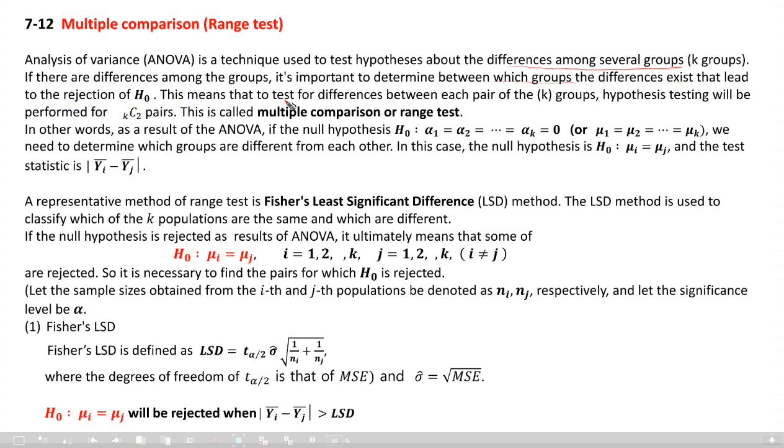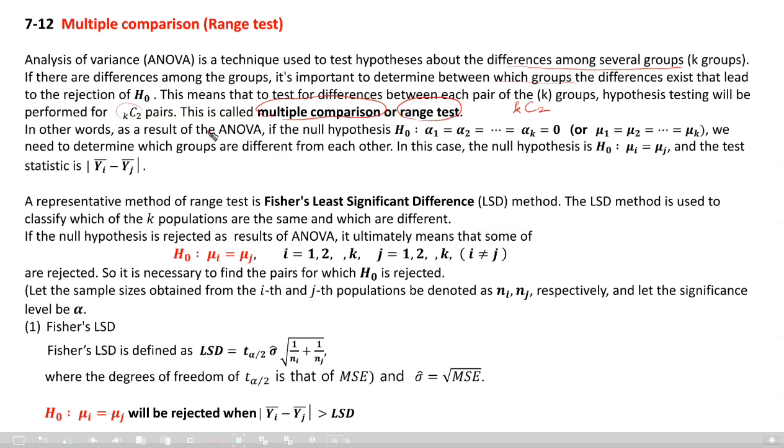It means testing for differences between each pair of K groups. How many? K combination 2 pairs. Hypothesis testing will be performed for K combination 2 pairs when there are many groups. It is called multiple comparison or range test.